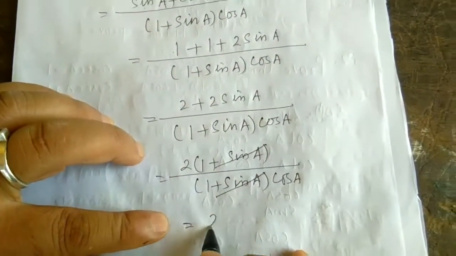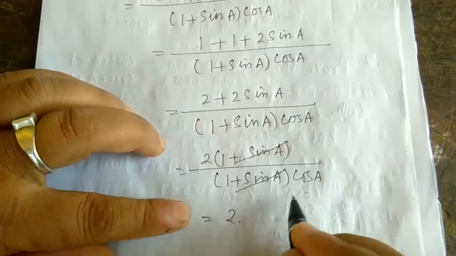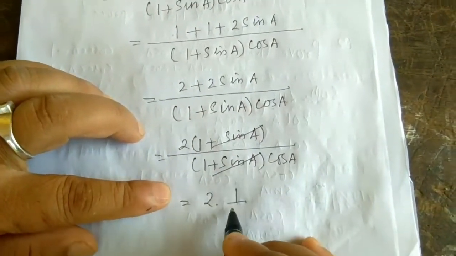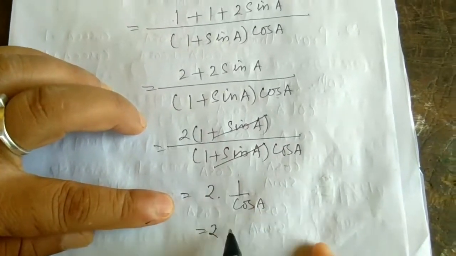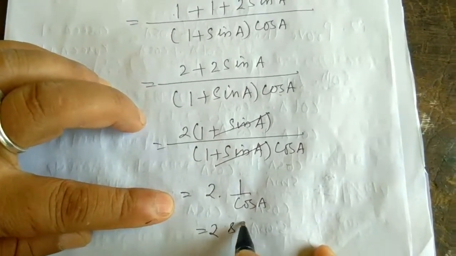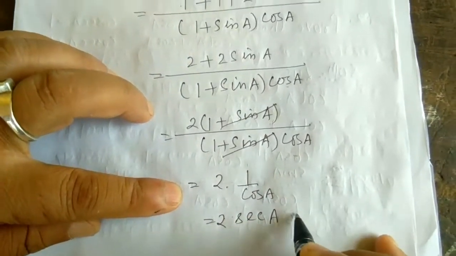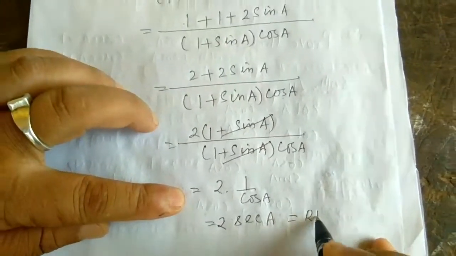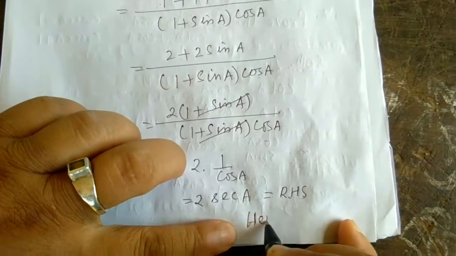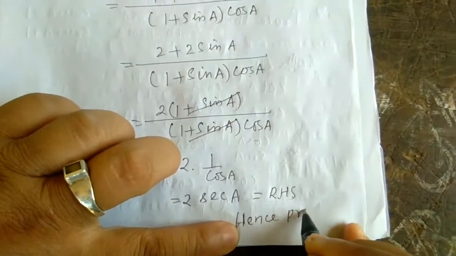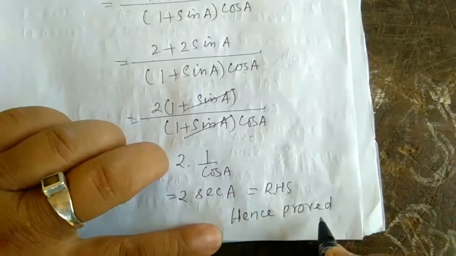This 2 will remain, into here nothing is 1, so 1 by this cos A. Okay. Twice 1 by cos theta equal to sec theta. Sec theta equal to right hand side. Hence proved. Okay, this is the last question.